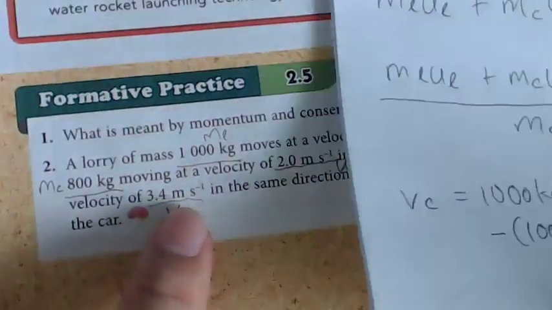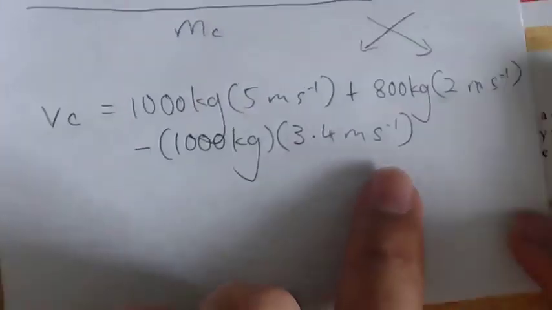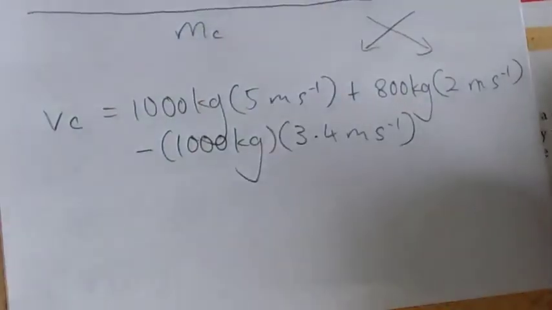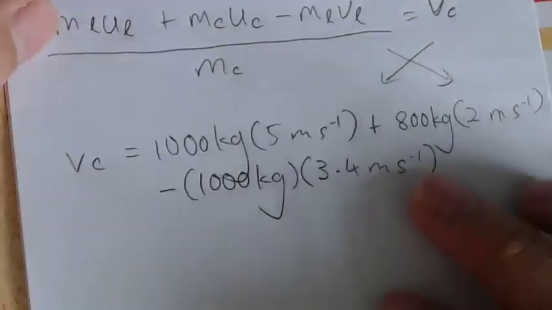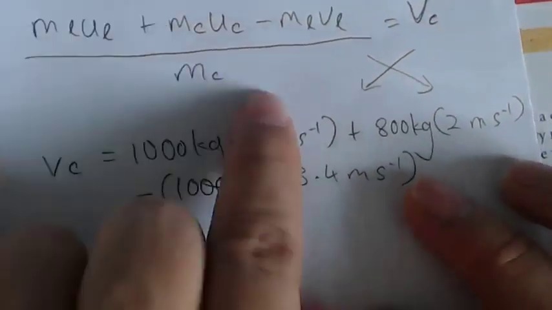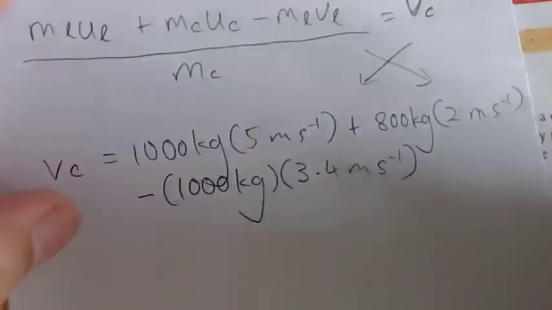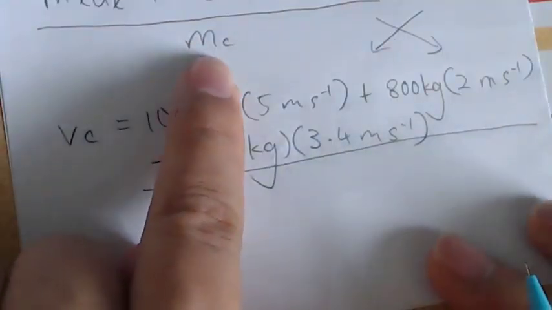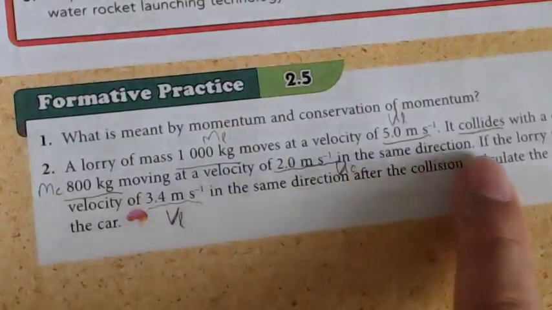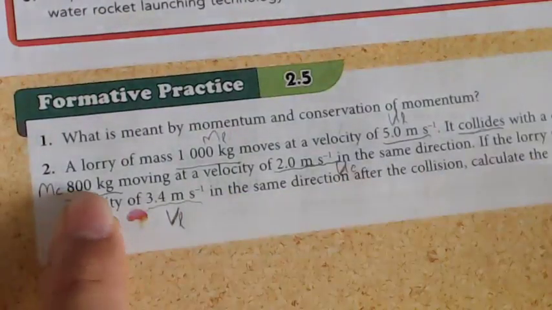Notice that all of the units presented are in SI units already, so we will have no mess about the units. Divide by MC, which refers to the mass of the car, 800 kilo.